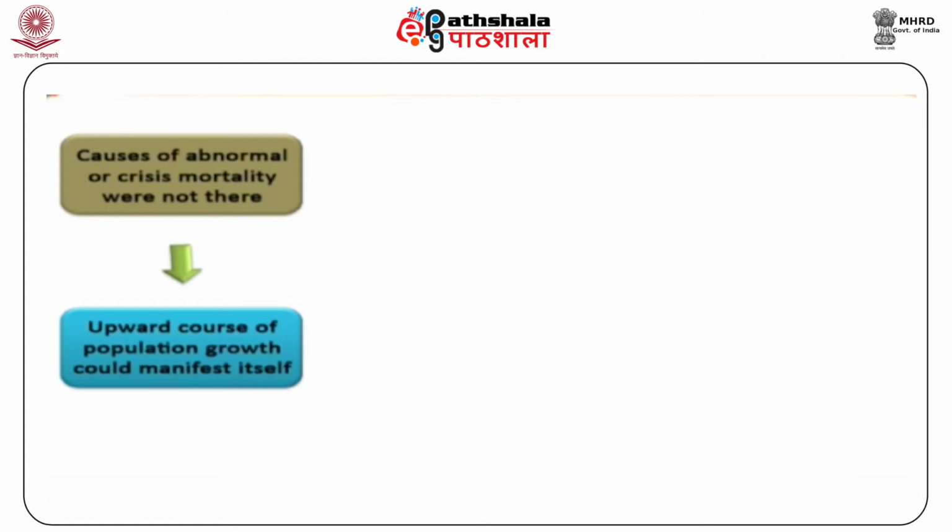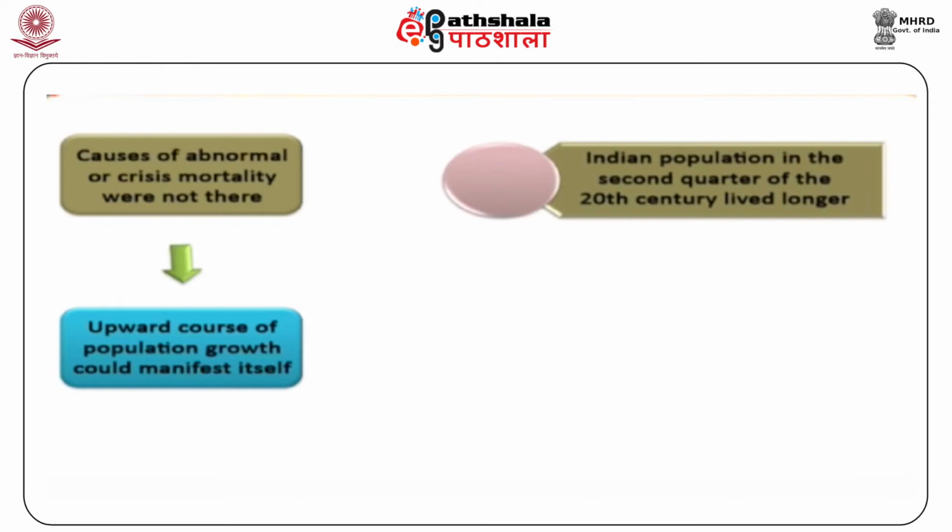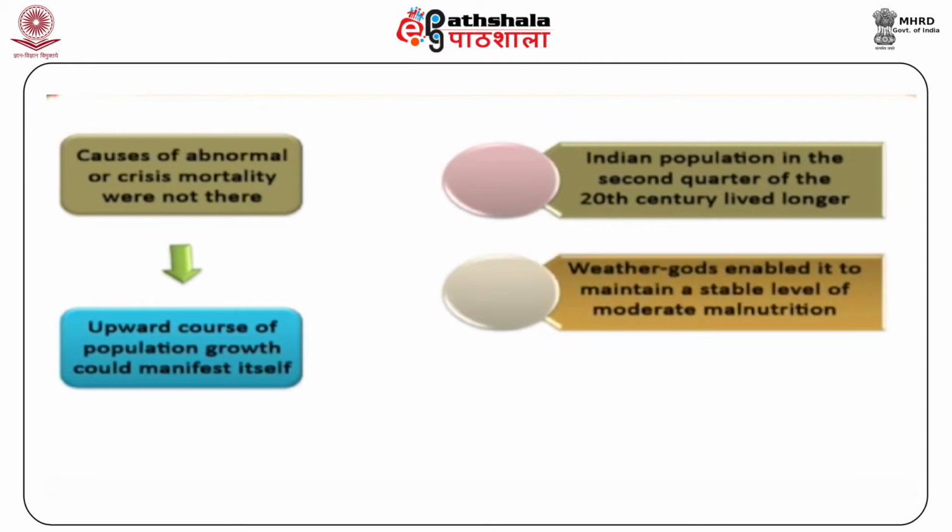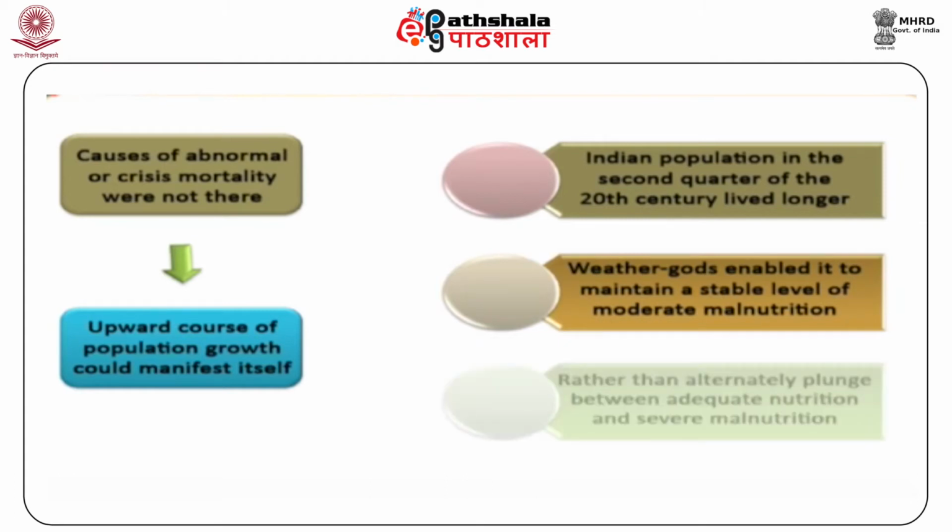He suggests that the Indian population in the second quarter of the 20th century lived longer, since the weather gods enabled it to maintain a stable level of moderate malnutrition rather than alternately plunge between adequate nutrition and severe malnutrition as it was doing earlier.